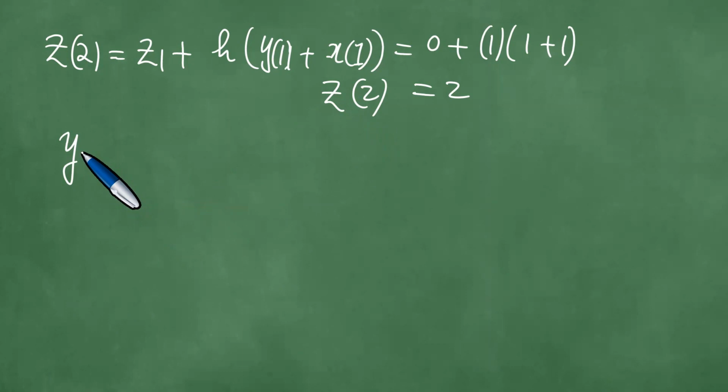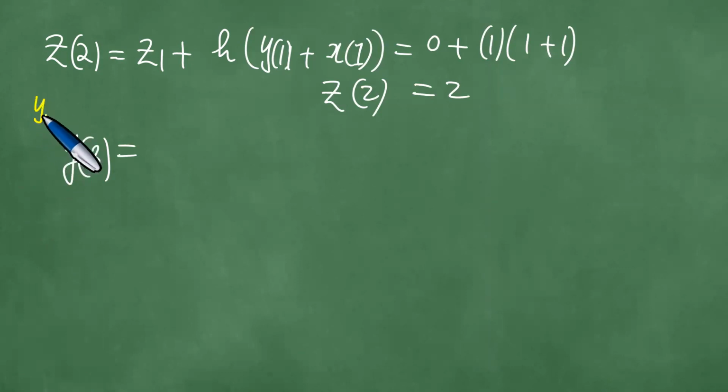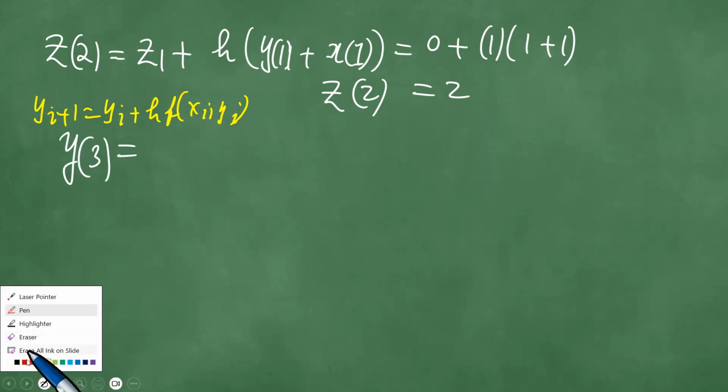From y3 you can get z3, etc. Okay, let's get y3. By Euler, we know that, write small Euler here: y i plus 1 is y i plus h f of x i, y i. So write everything related to Euler in yellow.